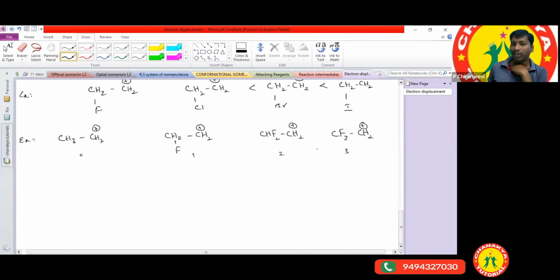According to that, my question is, which one is the most stable and which one is the least stable out of these four options?